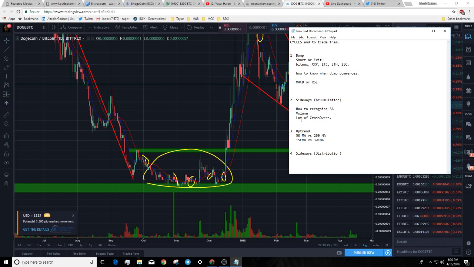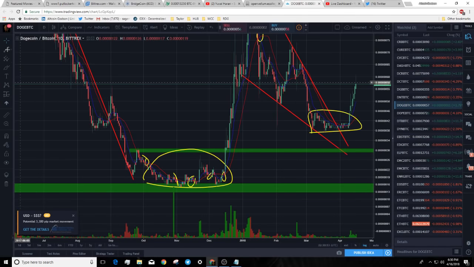With sideways accumulation, the best thing to do here, if you're a scalper, is to identify the top and bottom of the channel.